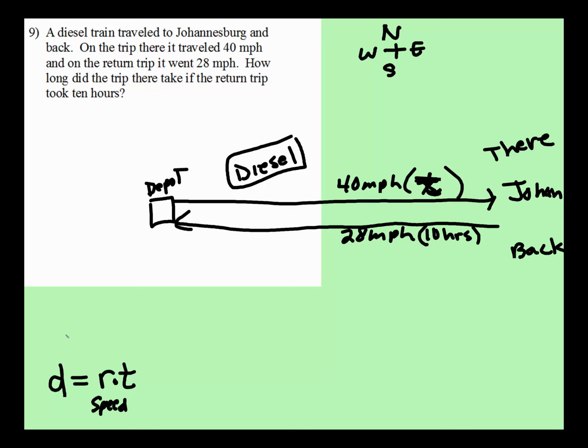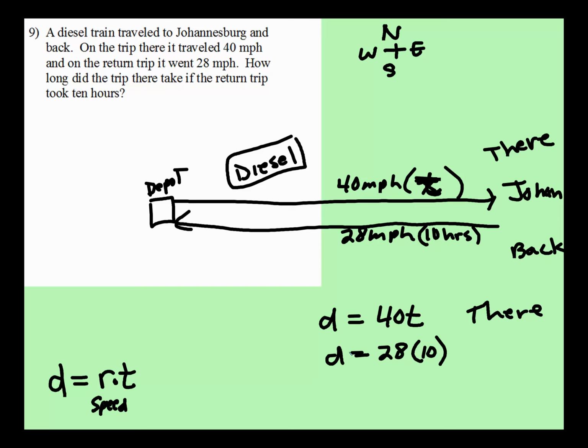So to give you an idea, this is 40 times t, so distance equals 40 times t. That's the trip there. And the return trip, distance equals 28 times 10. And then you'd put your labels.